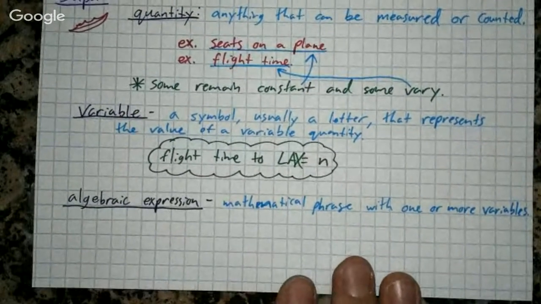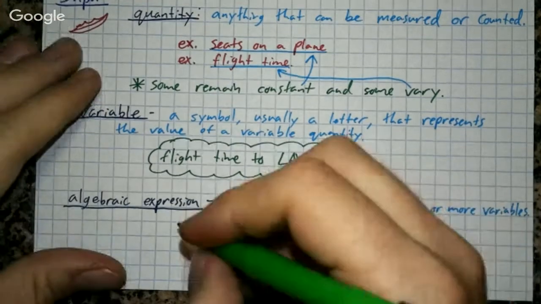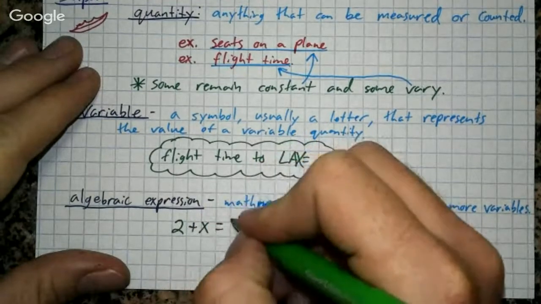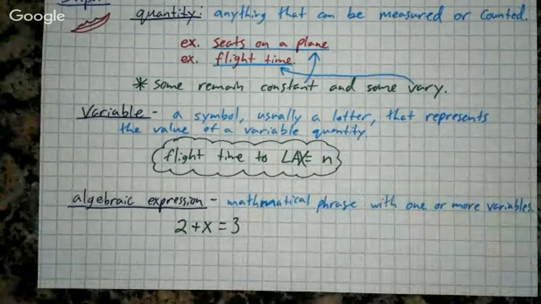And yes, I do know that I have terrible handwriting, and I apologize. So, for example, any mathematical phrase with one or more variables. We could say 2 plus x equals 3. That's an algebraic expression.